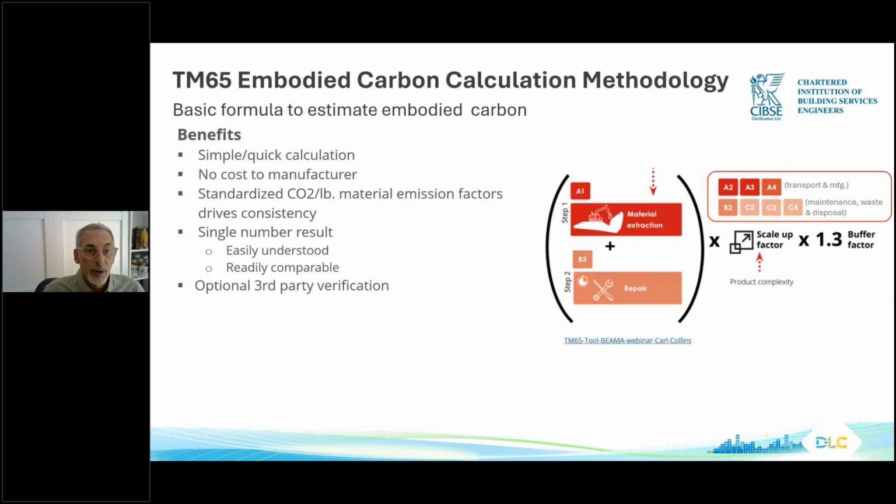The single number that is the result of the calculation is very easily understood and readily comparable. And you can take your TM65 calculation and have it verified by a third party to ensure accuracy and consistency.